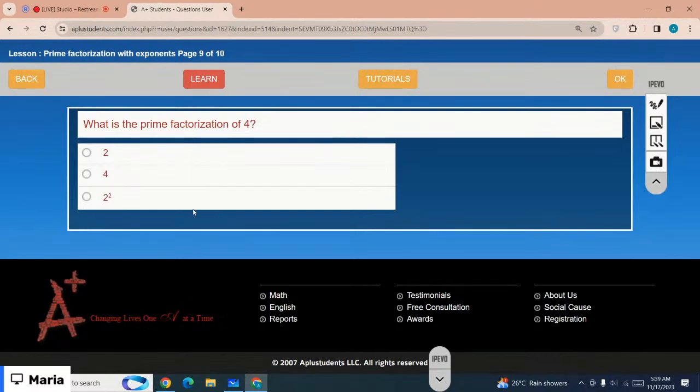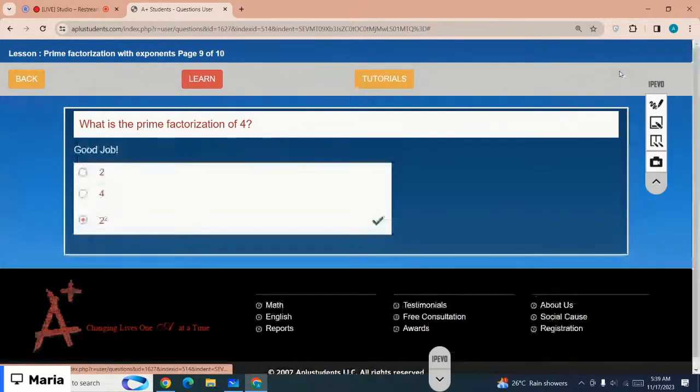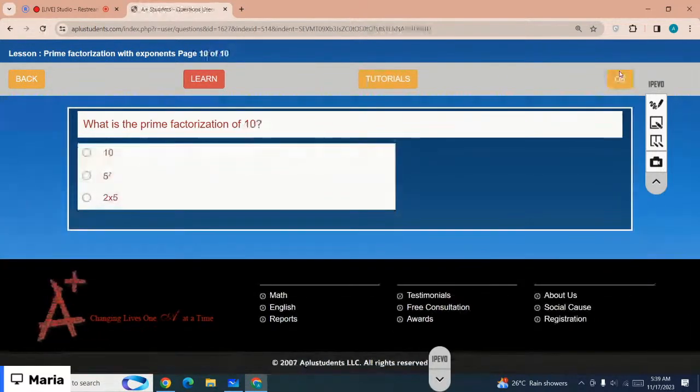The last one is the correct option. What is the prime factorization of 10? Yes, that is the last one, 2 times 5, right?